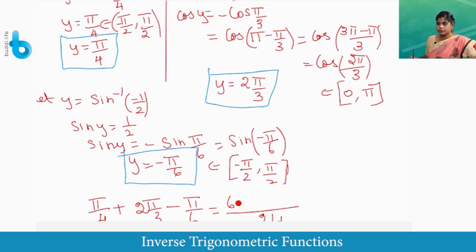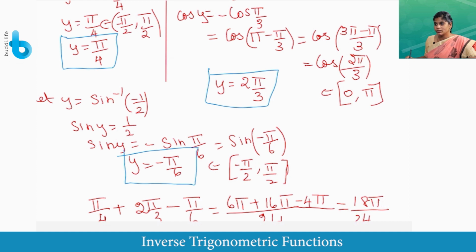So 6 pi plus 16 pi minus 4 pi over 24, which is 18 pi divided by 24.